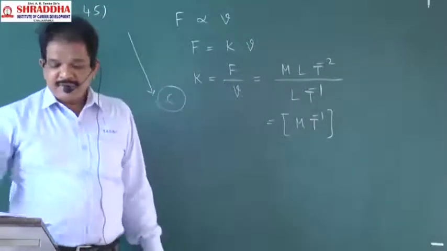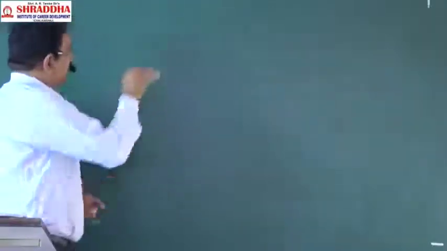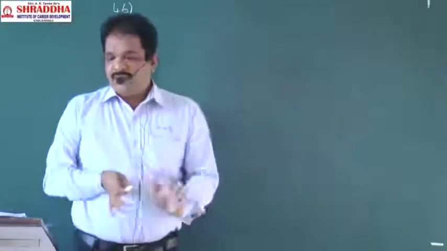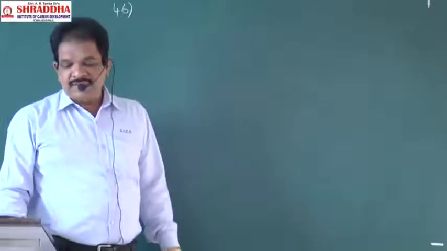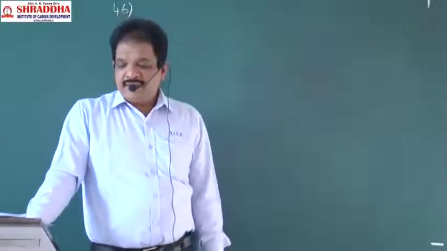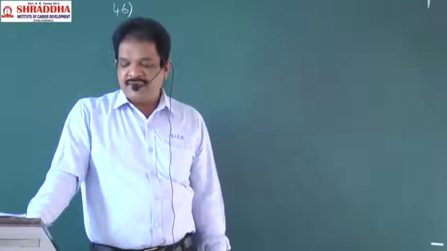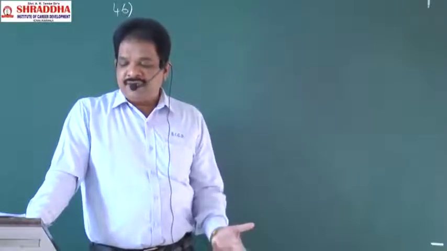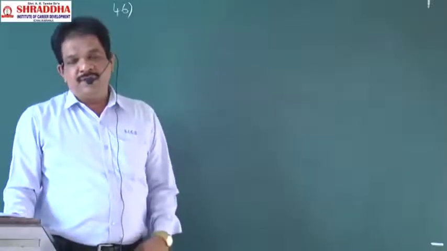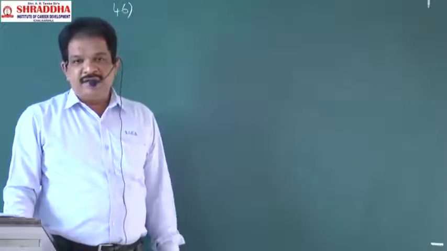Understood? Next, 46. What they are asking, see: which of the following is a dimensional constant? It has dimensions and it is a constant. Relative density is dimensionless: density of body by density of water, it does not have any dimensions.